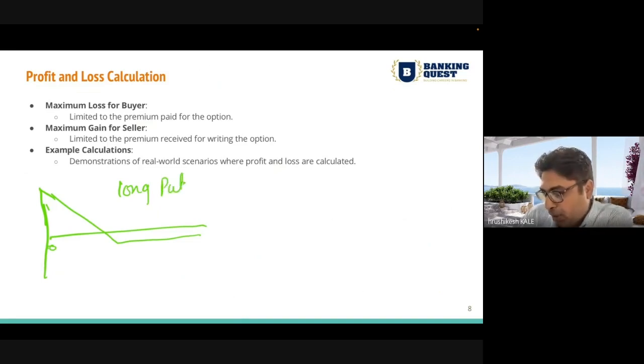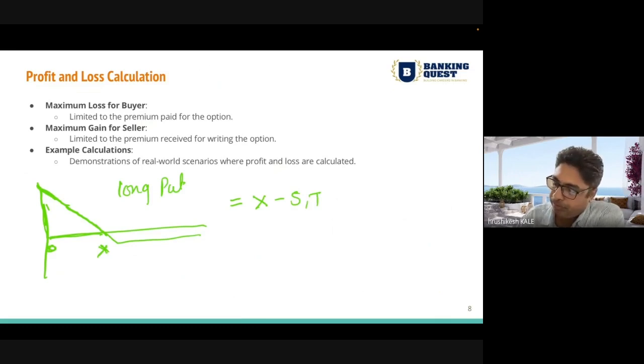If you see, the maximum profit of long put is not infinite, but it's equal to X minus ST, where X is my exercise price and ST is current market price.